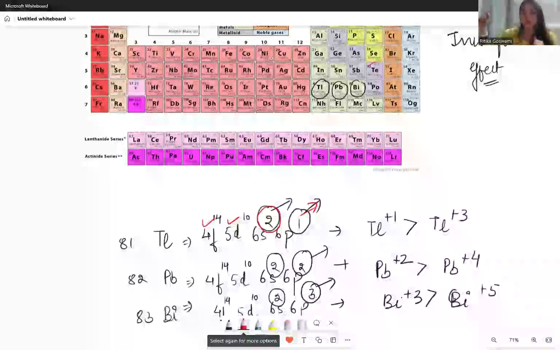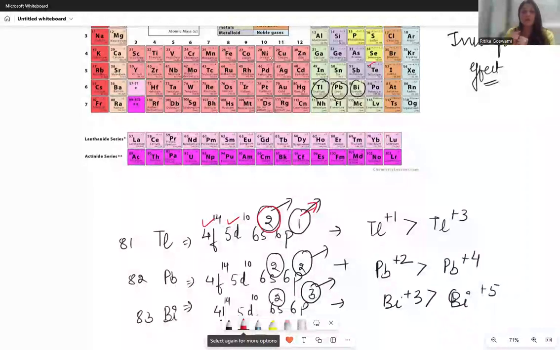Because they are flower shaped, they are bifurcated. The s orbital is a sphere, so it is very good at shielding, but the d and f are not. Because of that, the nucleus is still able to attract the electron out there in the 6s orbital.